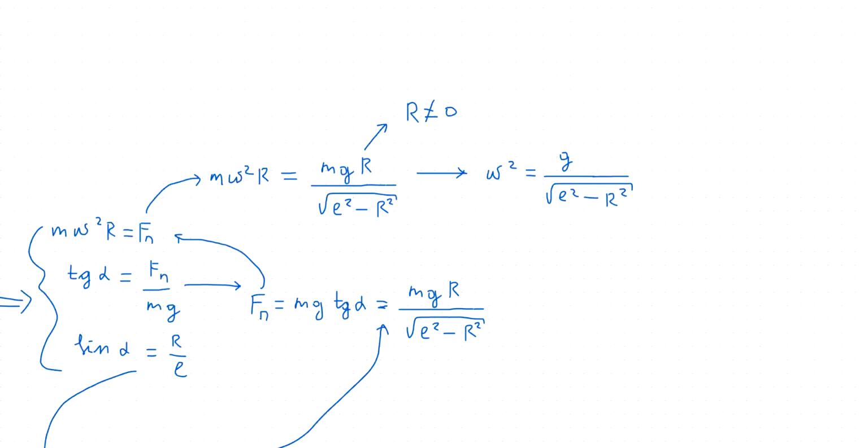And from here we have L to the power of 2 minus R to the power of 2 is equal to g squared over omega to the power of 4. And from this we can find R. R is a solution of this equation.